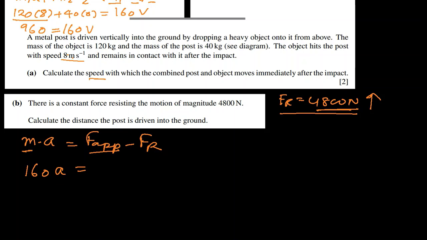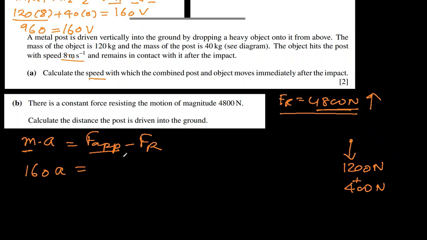There is no external thing that is forcing the pole down, but we know that the weights of both the object and the pole are downwards. So if we draw the free body diagram, the 120 kilogram will have 1200 newtons of weight, and then we'll have 400 newtons by the pole. These are the only forces which are continuously being applied on the two objects.